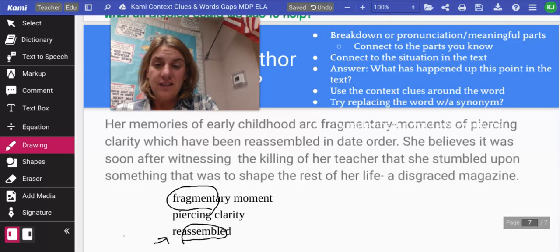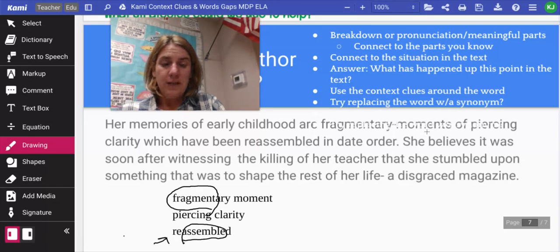Now that I've analyzed some of these words, maybe I can make more sense of this. "Her memories of early childhood are fragmentary moments of piercing clarity." Now I'm going to go back and connect to the situation. I know that Michaela's childhood was full of obstacles. So maybe that's why their memories are piercing clarity because they're actually painful. I also remember Michaela saying that she didn't remember her parents.